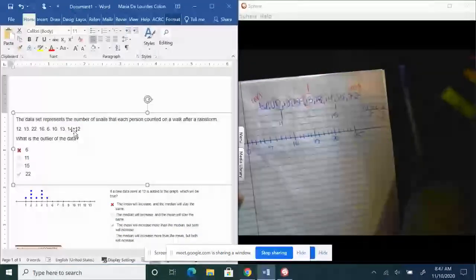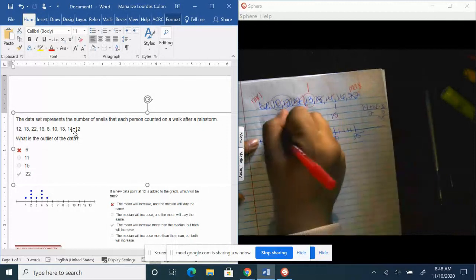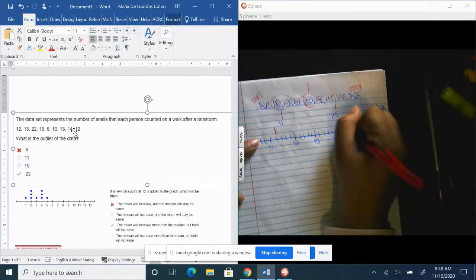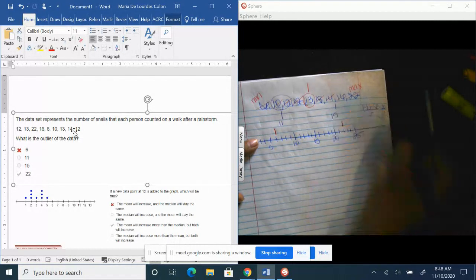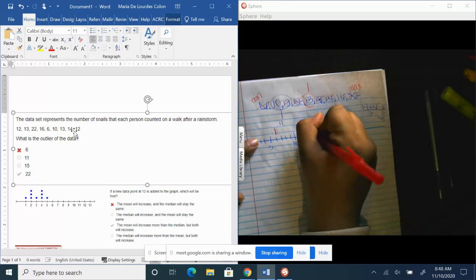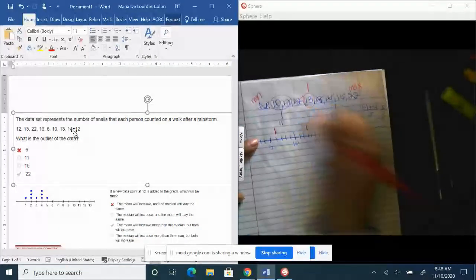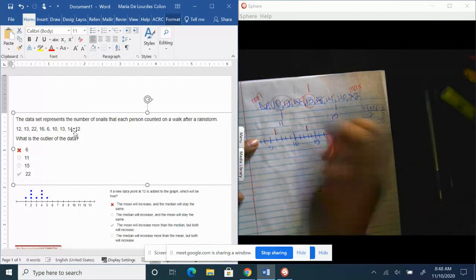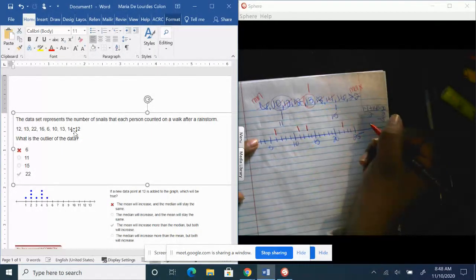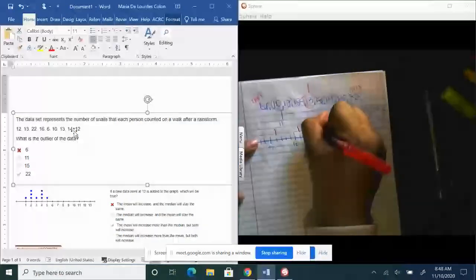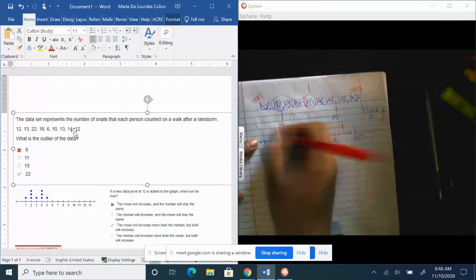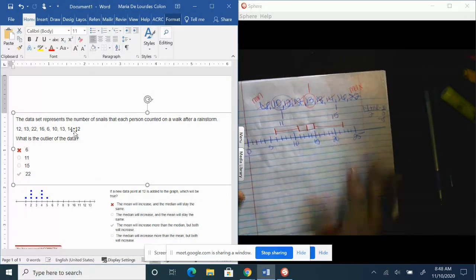So starting with the min and the max at 6, that's our min. At 22, that's our max. Our median, remember that middle number is at 13. Our Q1 is at 11, and our Q3 is at 15. So there's our box plot.